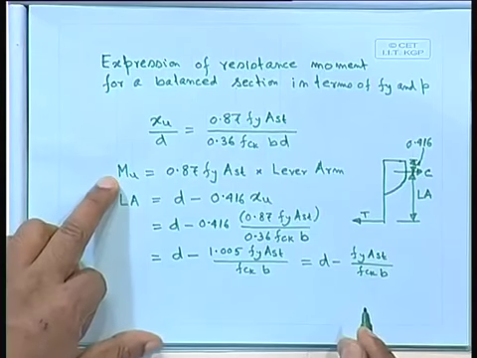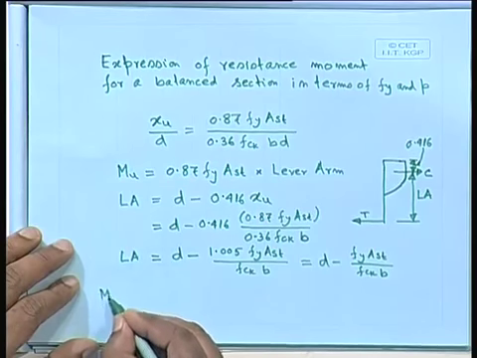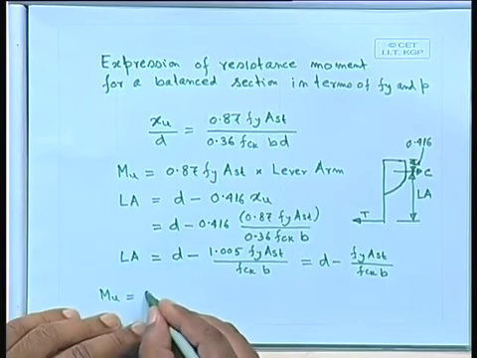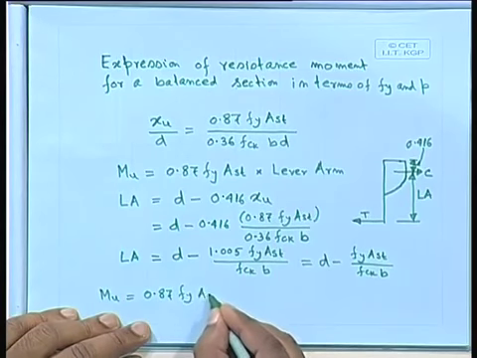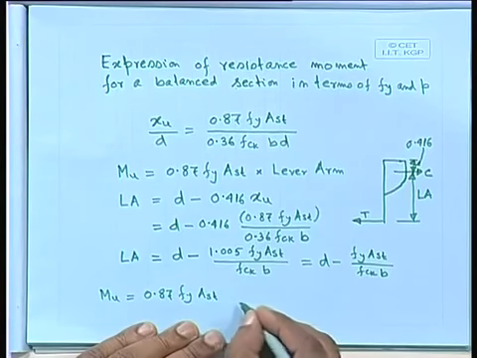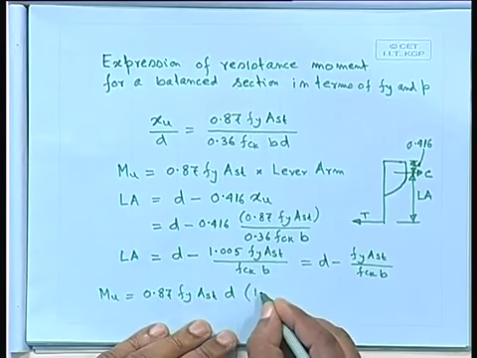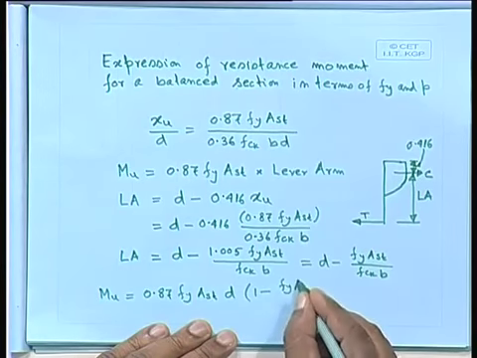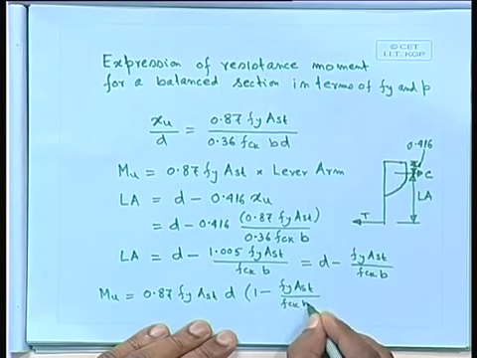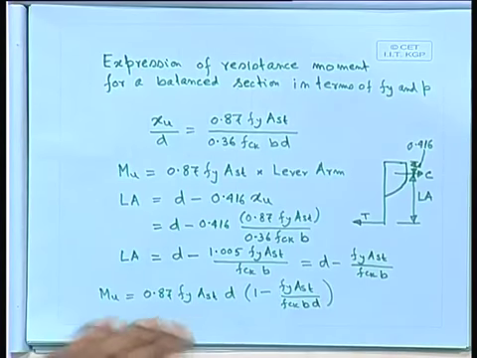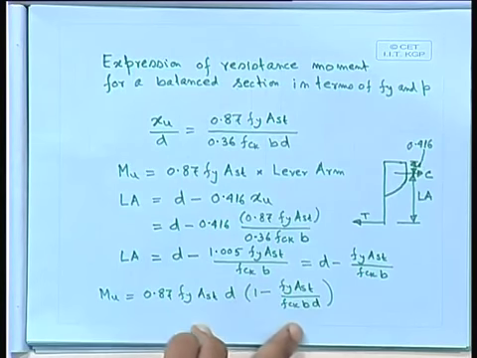Therefore, Mu will be equal to 0.87 fy Ast times d times 1 minus fy Ast divided by fck times bd.